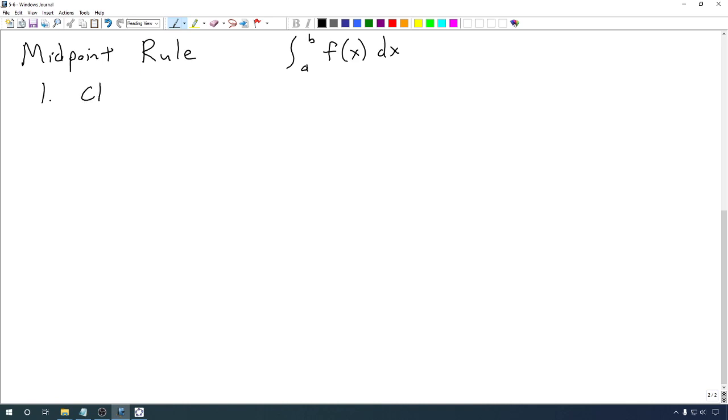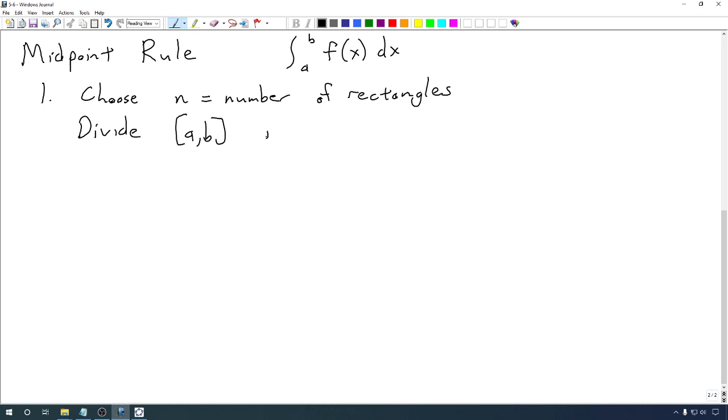We're going to choose n as our number of rectangles and divide our interval from a to b into n intervals of width.